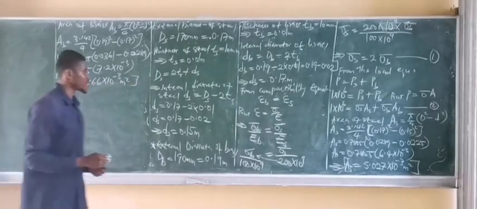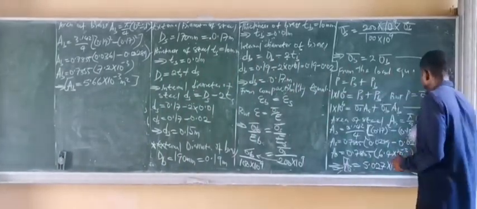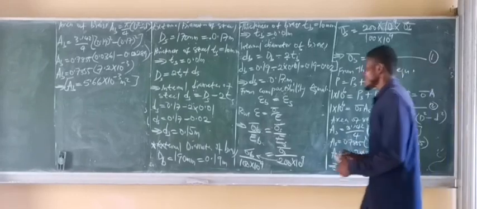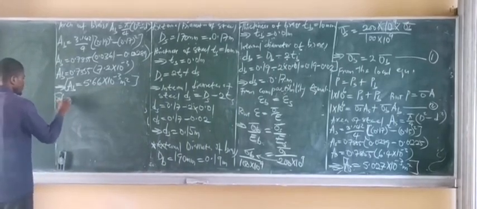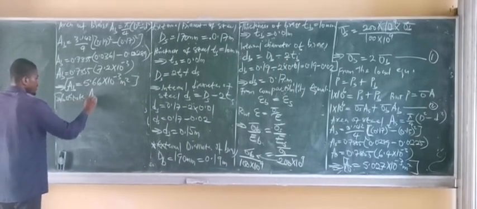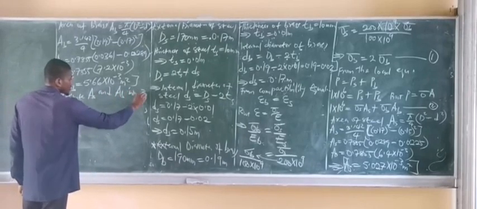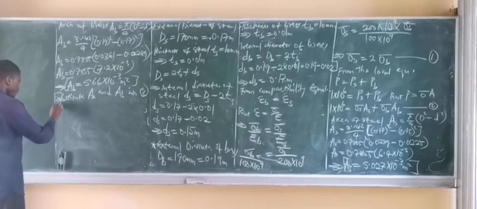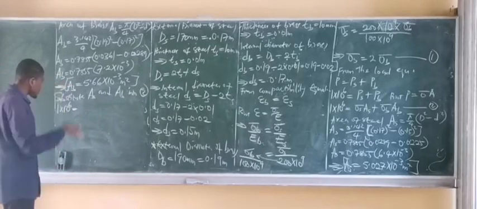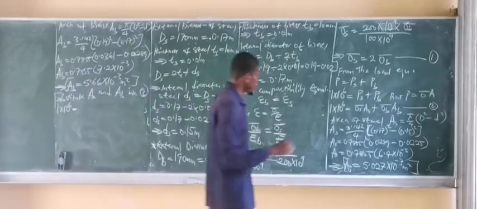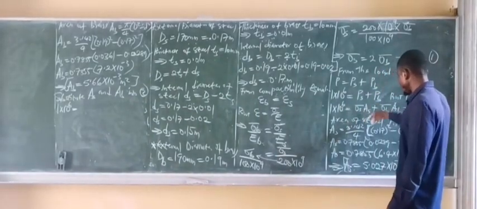So knowing the two areas, we substitute them into equation 2 in place of the areas. Substitute area of steel and area of brass into equation 2. We have 1 by 10 to the power 6 is equal to stress of steel times area of steel.